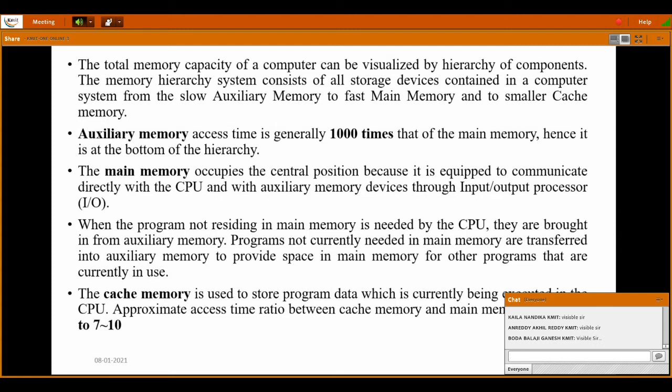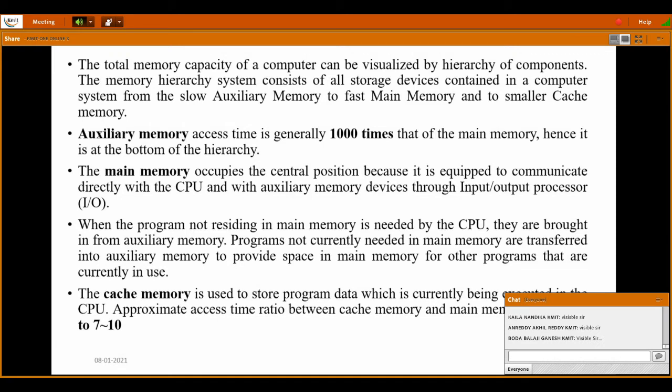Here we can consider that the access time of auxiliary memory is about a thousand times that of main memory, hence it is at the bottom of the hierarchy.